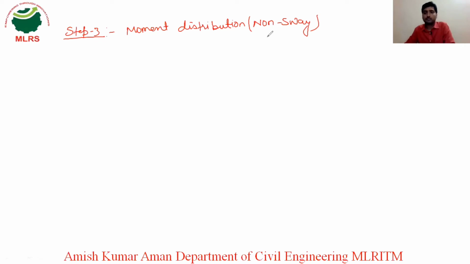So what we have calculated, distribution factor and fixed end moments, is for non-sway only. We haven't considered any sway mechanism yet. So moment distribution is for only non-sway moments. If you see in the previous problem, this step is the difference from the previous problem.